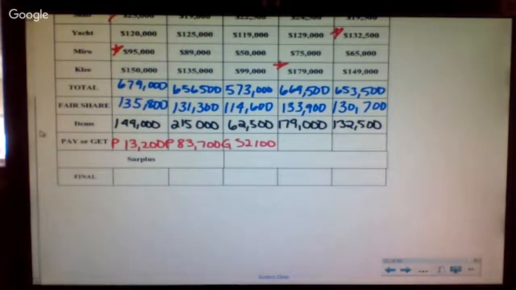What about Don? He's going to pay 45,100. And what about the last person? Are they going to get or pay? They're going to pay. How much? 1,800.